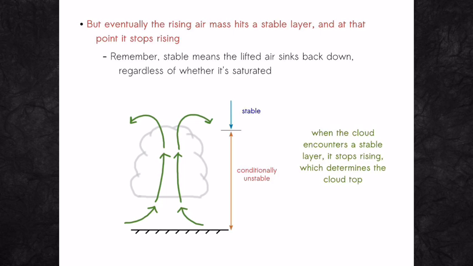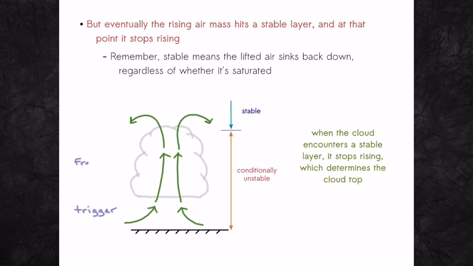So if we go through and characterize what the air is doing, below cloud base where it was dry, we needed a trigger mechanism to push it up. So that's where our trigger comes into play. Down below, because it's dry, it doesn't want to rise. Once it hits the cloud and becomes saturated, then it'll rise freely on its own as long as the environment is conditionally unstable.